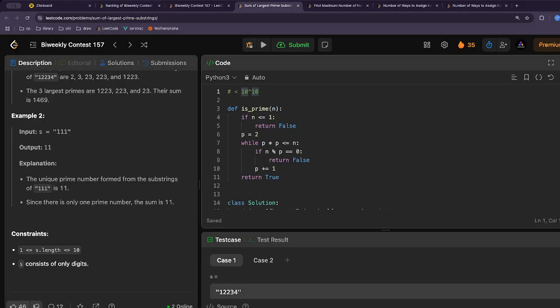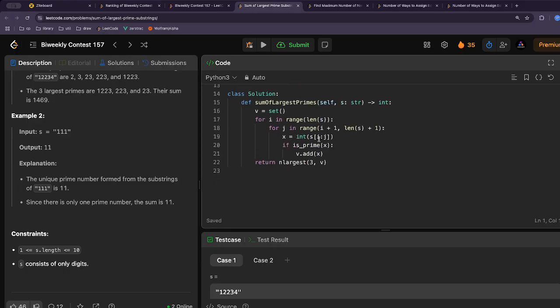And so 10 to the 5th, and we're calling this is_prime about the number of digits squared times, let's say 100 times. I mean, it's less than that, but it is bounded by 100.